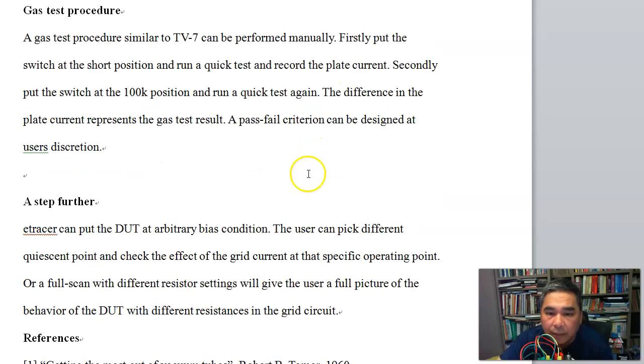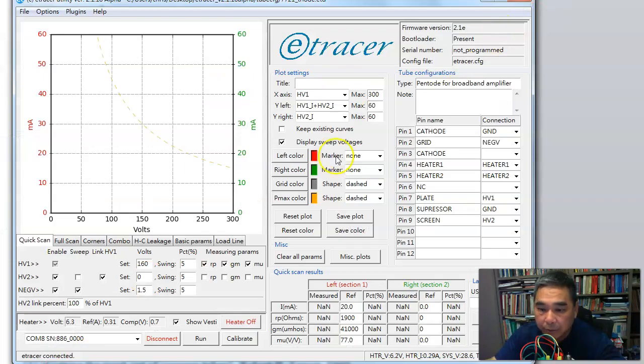Okay, so here is a gas test procedure after the modification. The test will be done manually, similar to the TV7. Let me show you here.